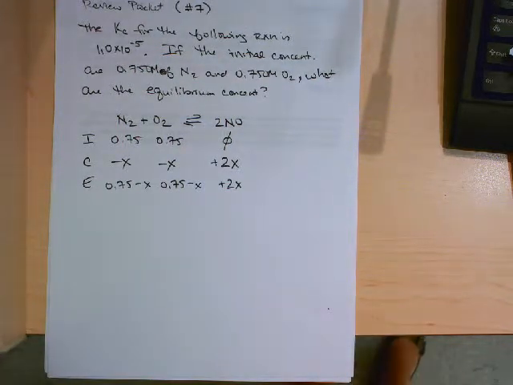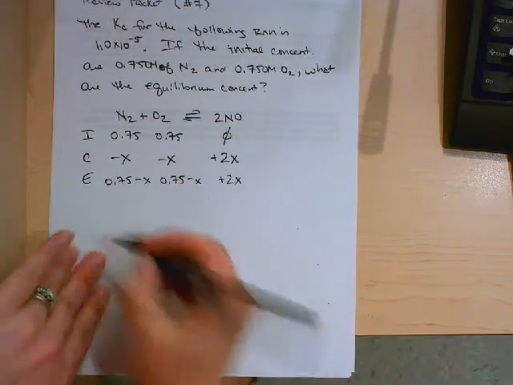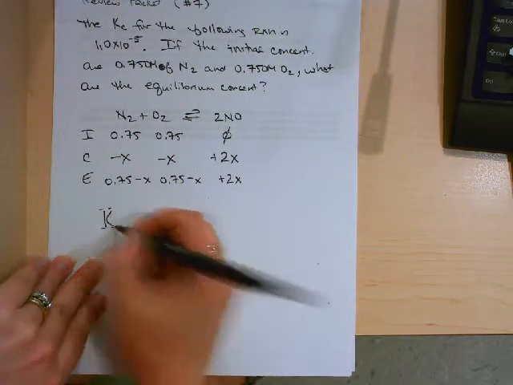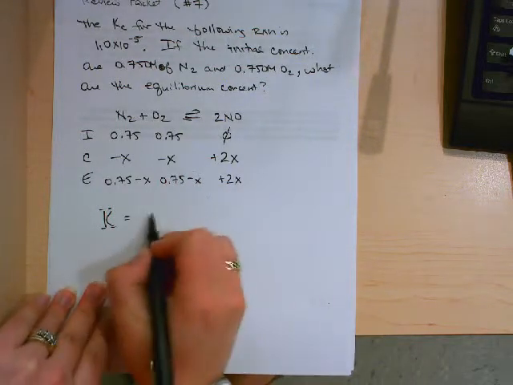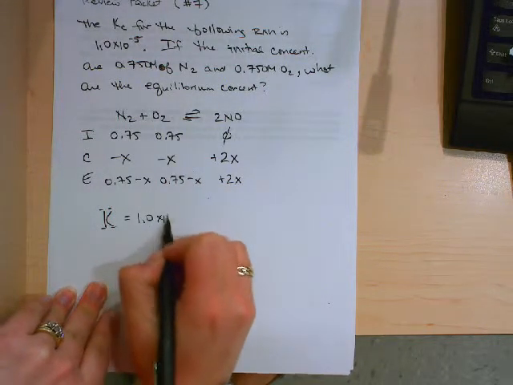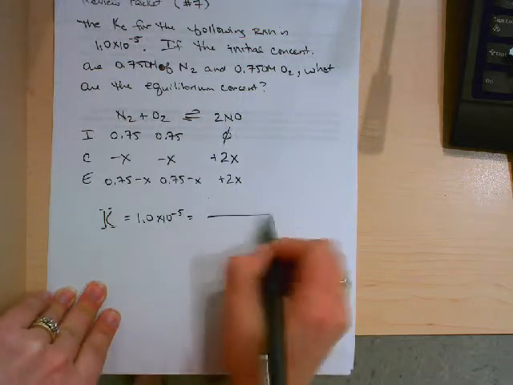Alright, so now we have this set up. What's the big K called? Two words: equilibrium constant. We're given the equilibrium constant, and that value is 1.0 times 10 to the negative 5th.